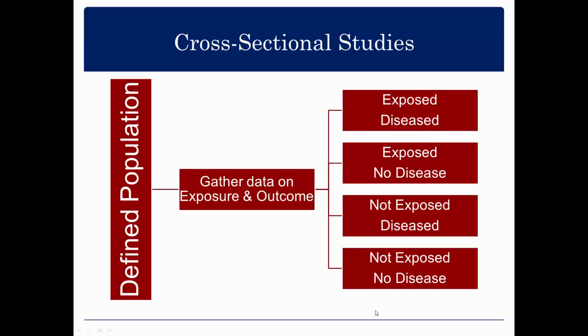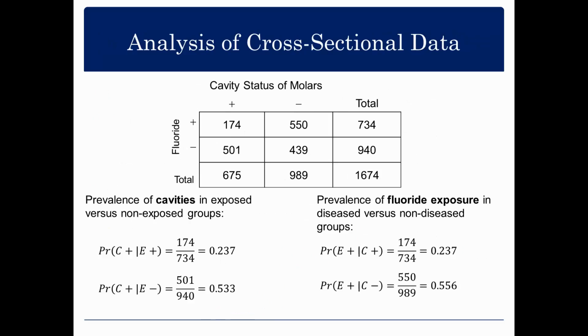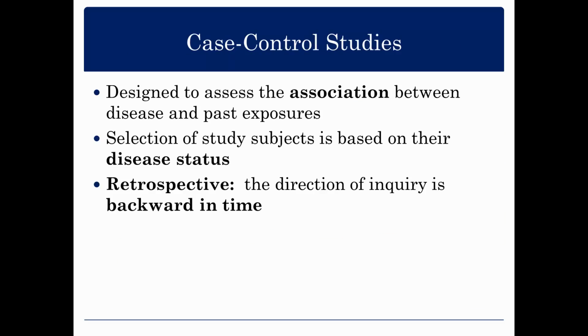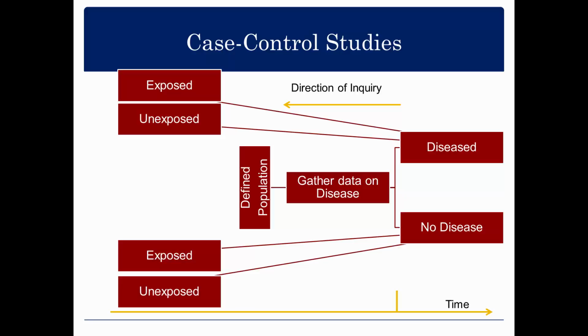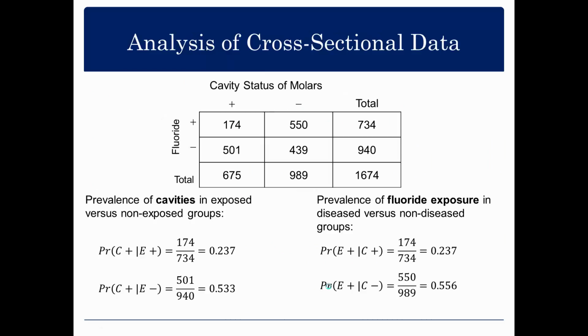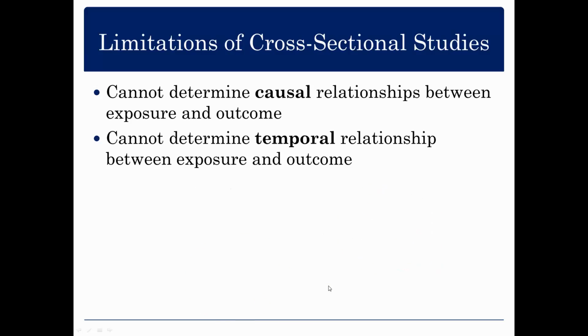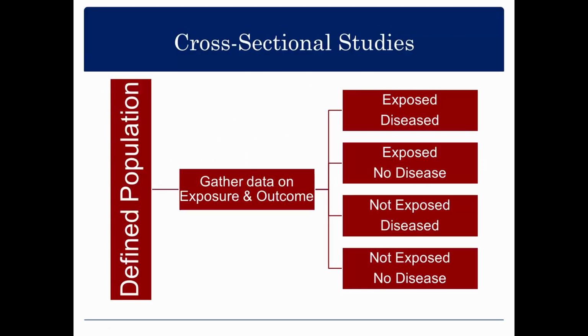Here is a graph. What you'll see in a few slides when we get to a case control study, for instance, when there is a time component, then I will reflect time on the x-axis. But notice that in the cross-sectional study, we don't have any time component.